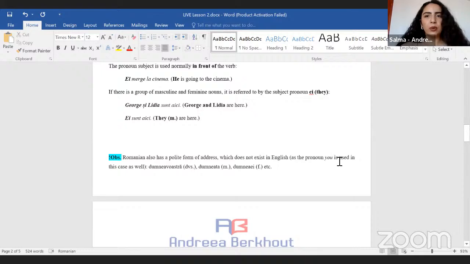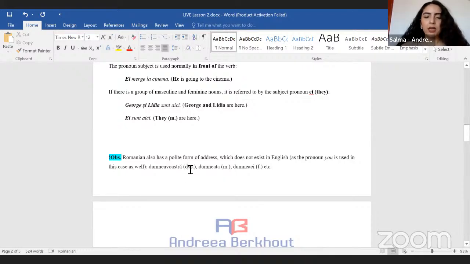So for example, when we speak to someone older than us, or if we talk to a person and we want to show them a form of respect, a polite form of address would be dumneavoastră, which can be abbreviated with DVS. Dumneavoastră is gender neutral, meaning that we use this both for females and for males. But this would be translated into English with you, as in English we do not have a polite form of address.